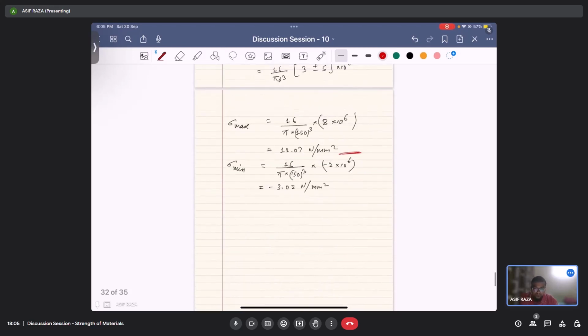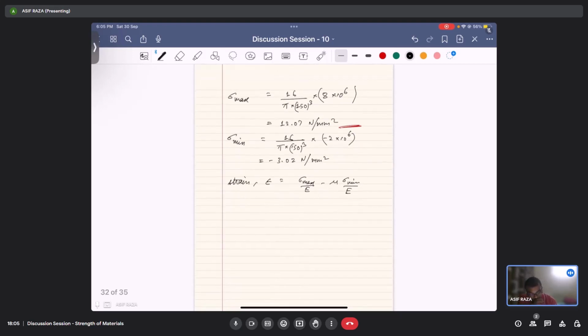So to find that strain, my strain would be sigma max by E minus mu sigma min by E.